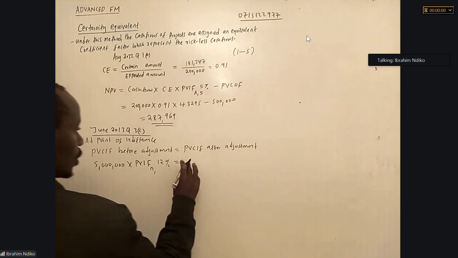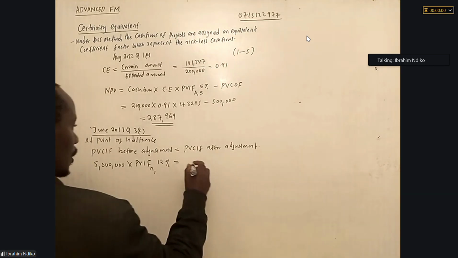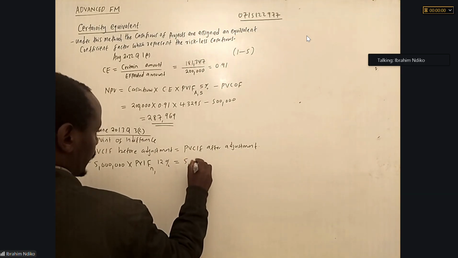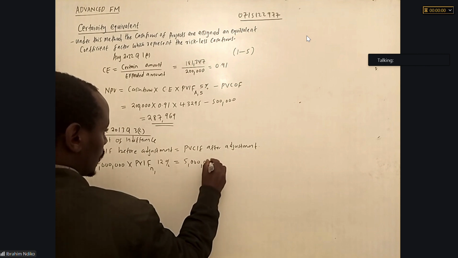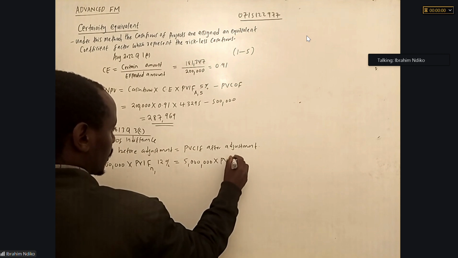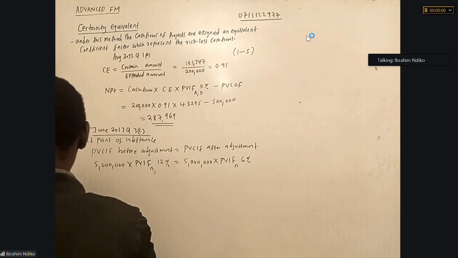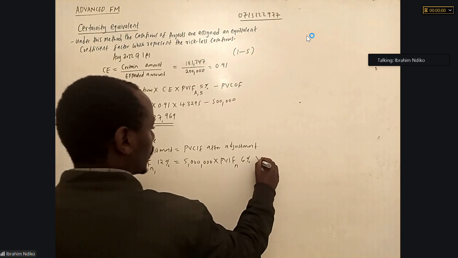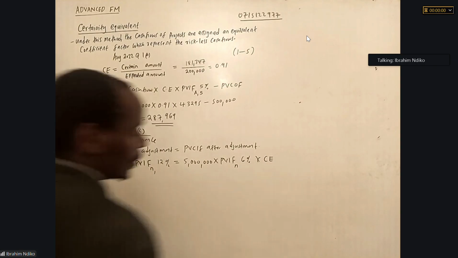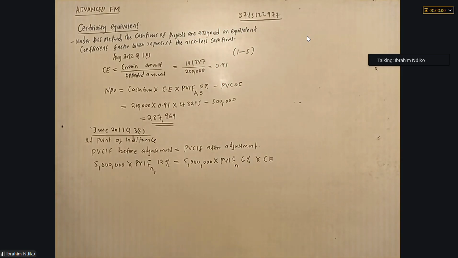Then the other side is the present value of the cash flow after adjustment. 5 million, and the present value interest factor n period, 6%, then we multiply by the coefficient of certainty equivalent. With that one, you can get now the answer.